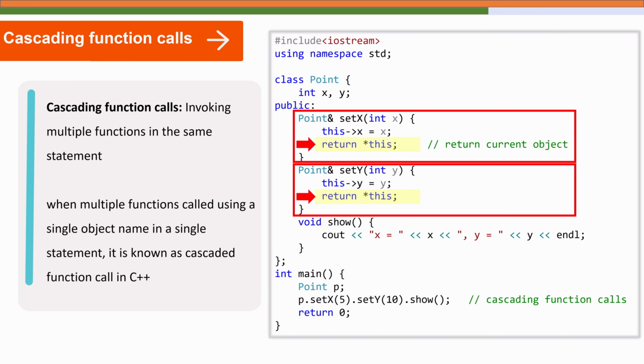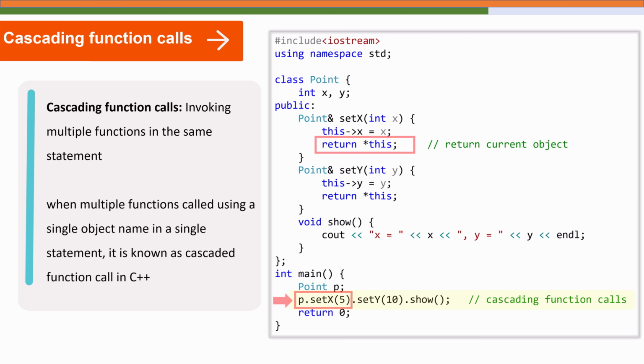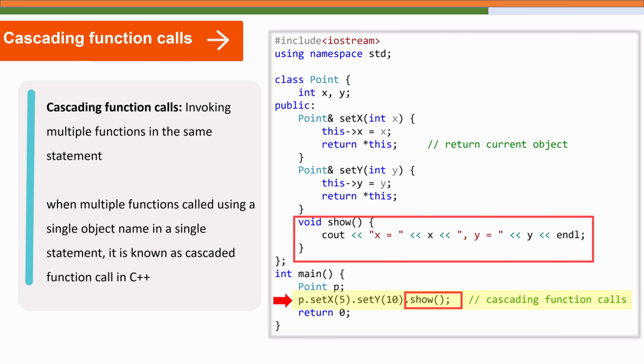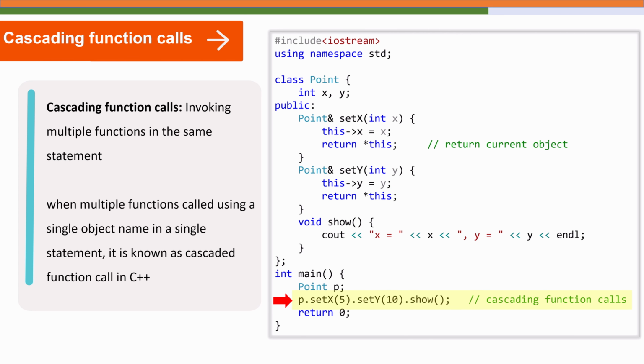When we write p.setx(5), the first call setx returns the object itself, which then calls sety, and finally the show function. This technique is widely used in modern C++, especially in stream operations and fluent APIs, to make the code more expressive and readable.